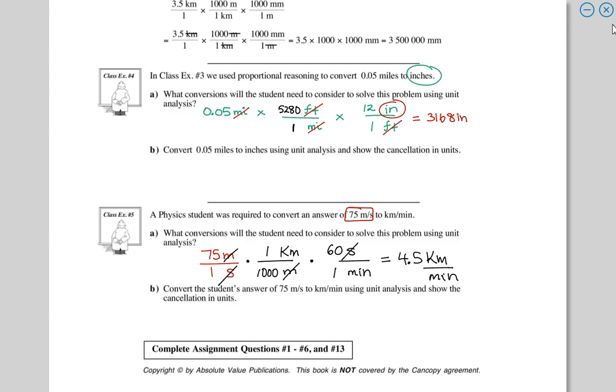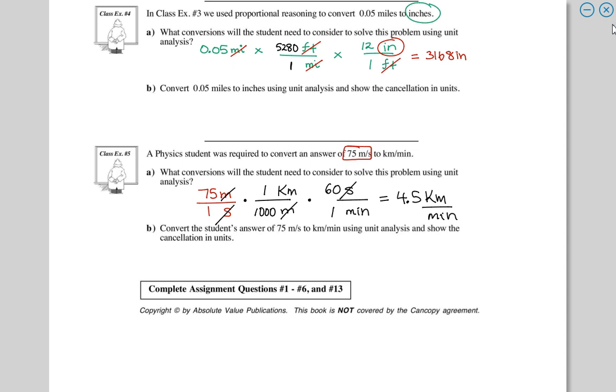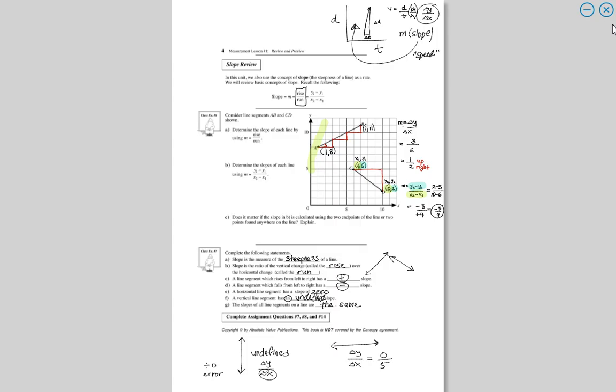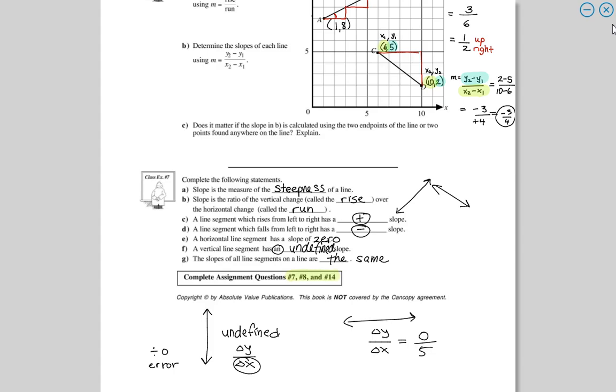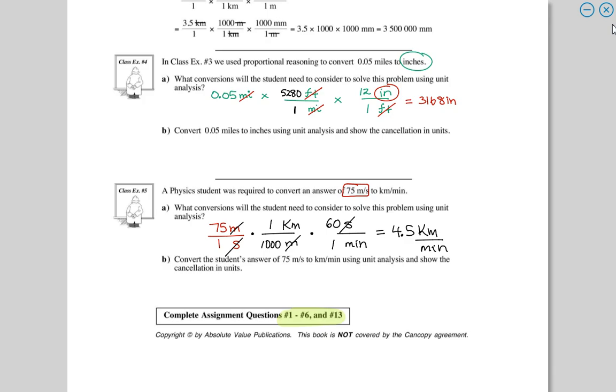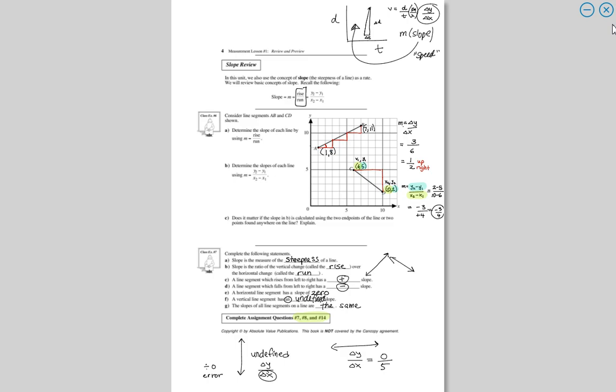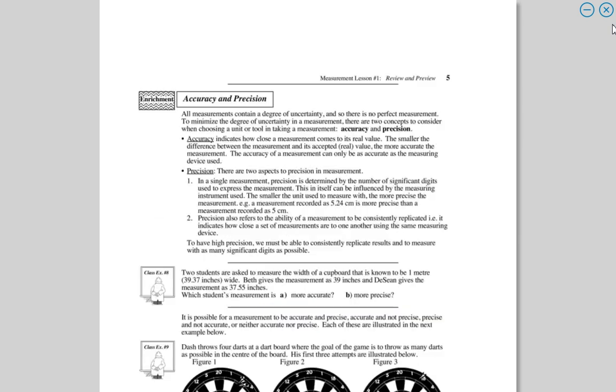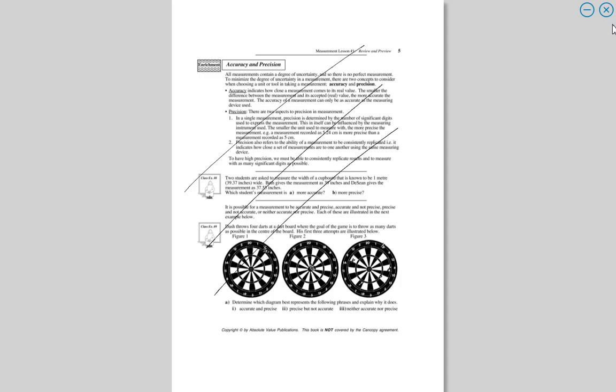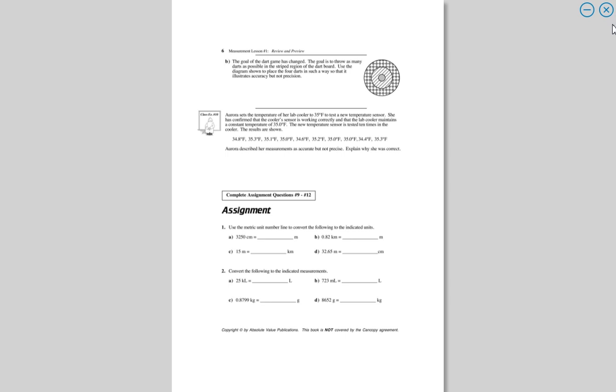Okay, so for your homework, you have 1 to 6 and 13, and 7, 8, and 14. It's on both pages. We're not going to do any of this accuracy and precision, and we don't do any of page 5.